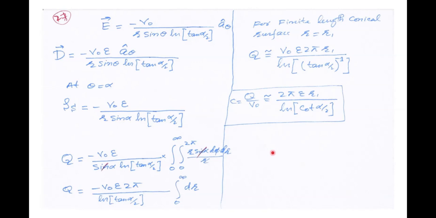That's all. I think in the book you can find more examples, and I also think that now you have learned how to use the Laplace equation to obtain the potential function in between the conducting boundaries, and then how to use that potential function to obtain the electric field and D field, how to define the surface charge density over any conducting surface, and then how to obtain the total charge carried by that conducting surface.